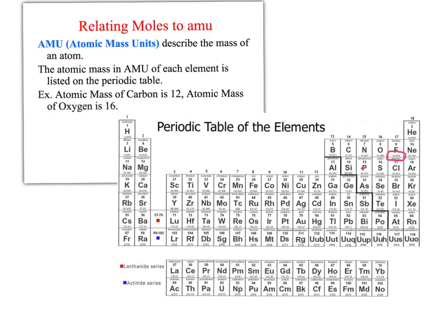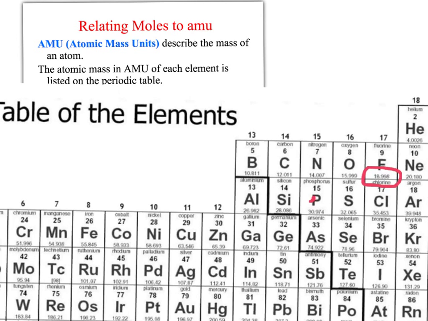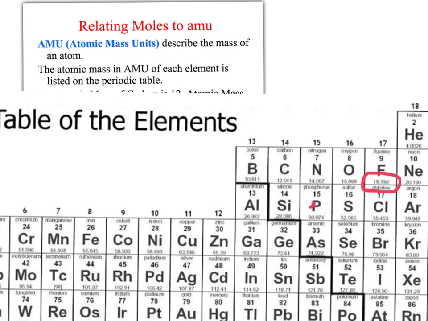So in the case of oxygen, the atomic mass of oxygen is 15.999, or approximately 16 AMU. AMU was atomic mass units, and that was the unit that we used to measure a single atom. So that means that 1 atom of oxygen has a mass of 16 AMU.